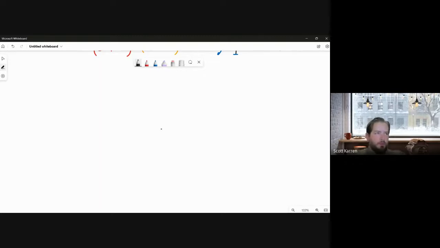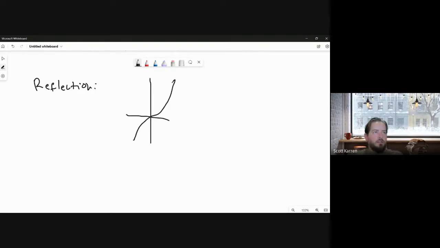The other thing that we want to look at when we're talking about these kinds of things is a reflection. So a reflection is, say I take a graph, let's say we take x to the third.